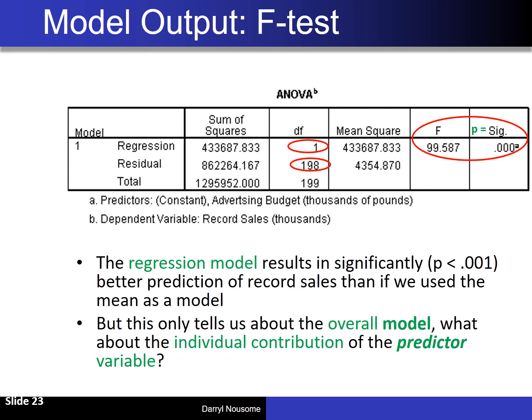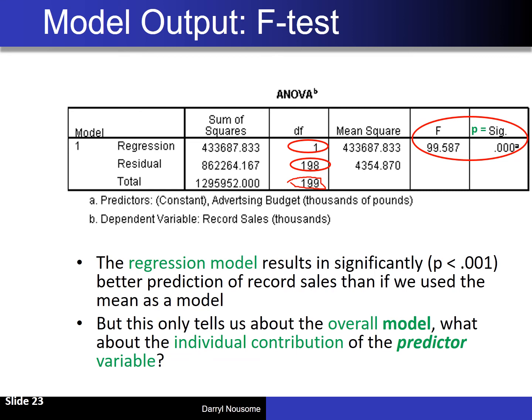So the degrees of freedom, let's walk through it. In our regression, this tells us how many parameters we are testing. There's one, which means we're only testing one predictor, okay? Our total degrees of freedom, down here, is n-1, where n is the number of observations.